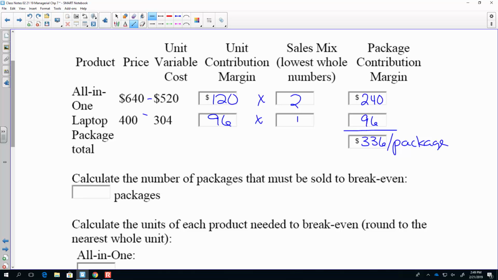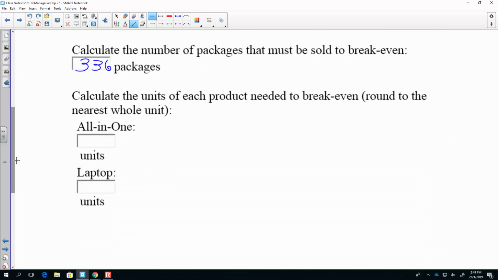And that's the box here, 336 packages to break even. And then, again, to get used to that process, we're going to multiply each of these by this mix amount, 2 and 1.